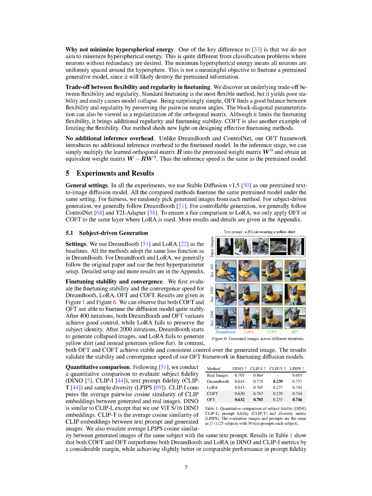OFT controls the transform that applies to the pre-trained weight matrix to be orthogonal, preventing it from destroying the pre-trained information. OFT converges faster because it fine-tunes neurons on a smooth hypersphere manifold, which yields a better optimization landscape, and finds a good balance between flexibility and regularity by preserving pairwise neuron angles. Additionally, OFT introduces no additional inference overhead to the fine-tuned model.